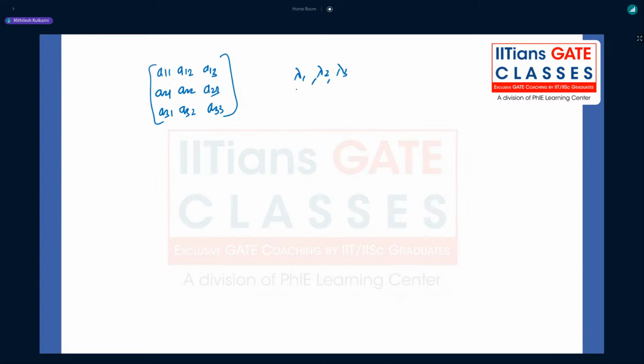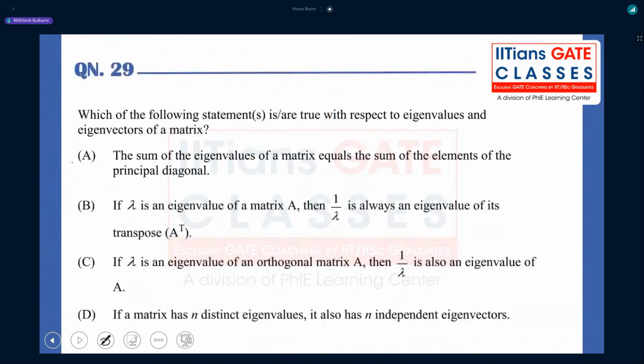Then the sum of the eigenvalues, lambda 1 plus lambda 2 plus lambda 3, should be equal to the trace of the matrix. And what is trace here? Sum of the elements of the principal diagonal, A11 plus A22 plus A33. That's why this statement is correct. Either you can say it as the sum of elements of the principal diagonal or the trace of a matrix.